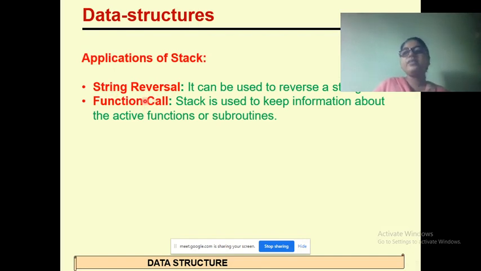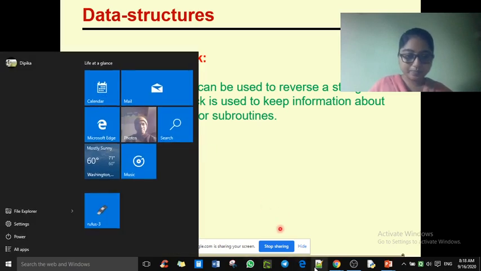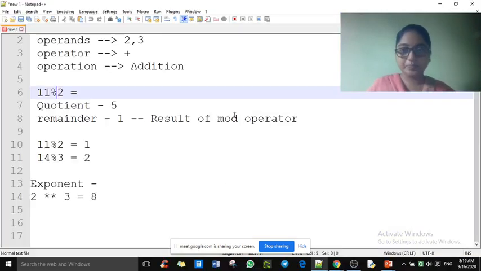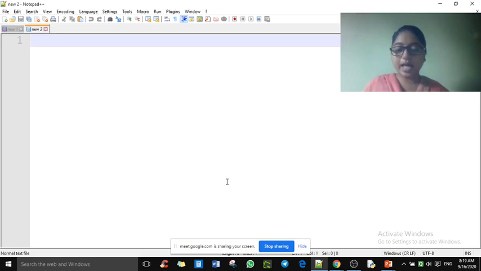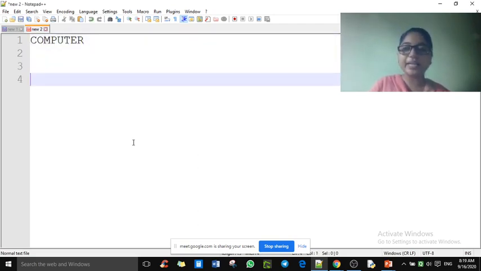Now we'll see what are the applications of stack. So first one is string reversal. So what is string reversal? Consider that I am adding, say, the string computer in the stack. So how will it be added actually?